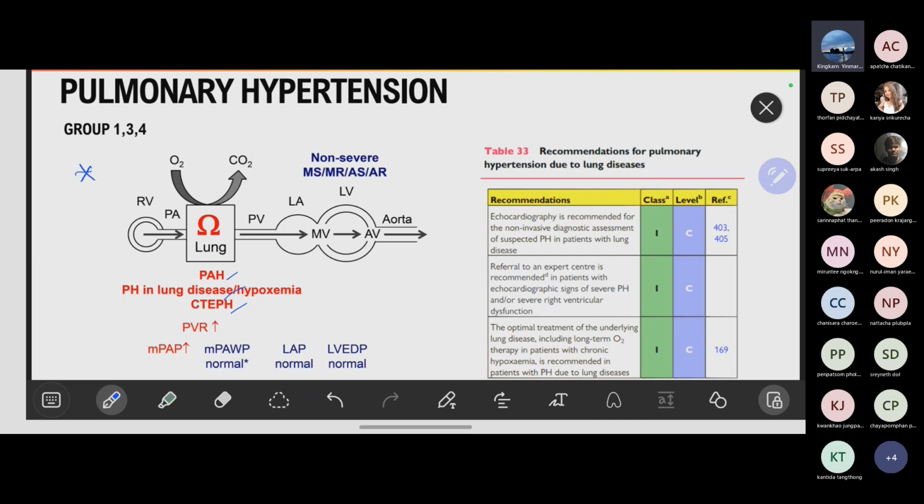In summary, in patients with lung disease, as I mentioned previously, they have high PVR and an increase in mean pulmonary artery pressure, but LAP and LVEDP should be normal.